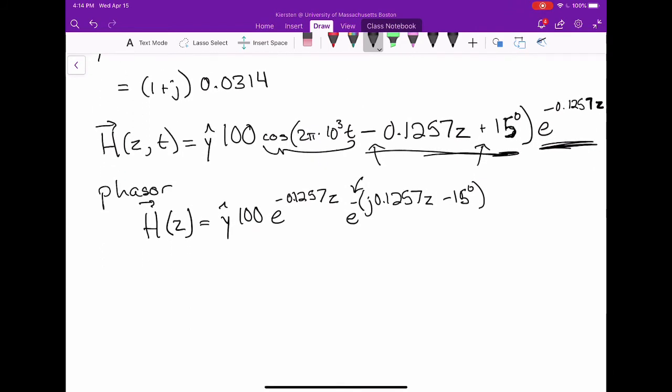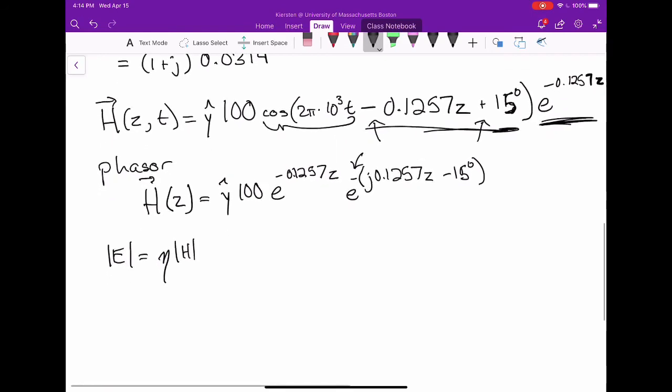Our electric field is related to the magnetic field by the amplitude of the electric field being just the intrinsic impedance times the amplitude of the magnetic field. So, how do we work that out? E of z, we also need a direction for this field.